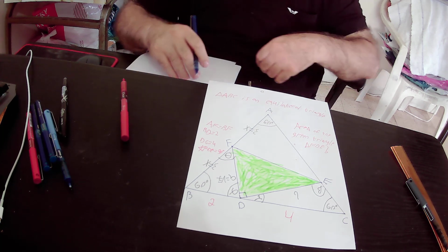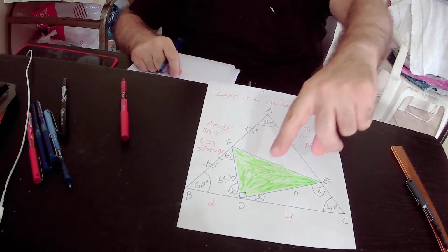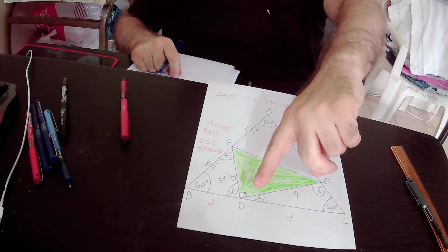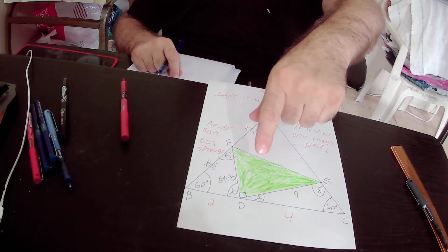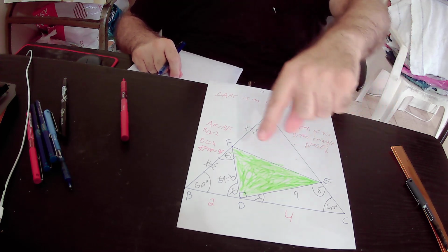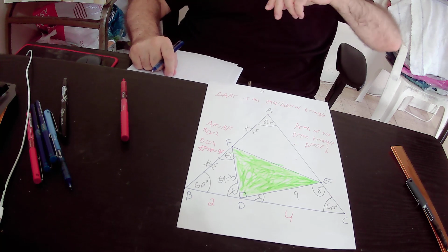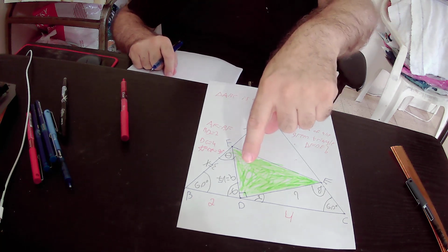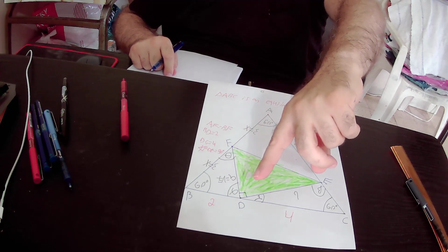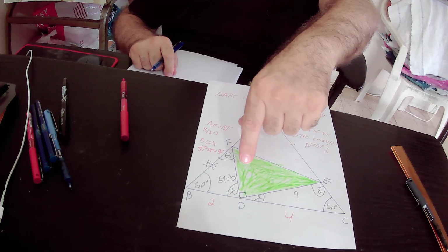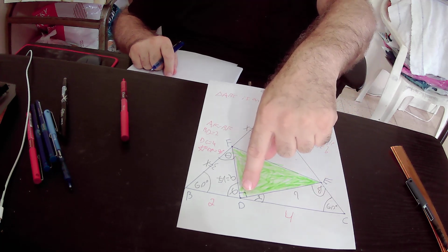Again, the area is b times a over 2. You should remember that the height must create 90 degrees with the base, and indeed the height a creates 90 degrees with the base b, because this angle is 90 degrees.